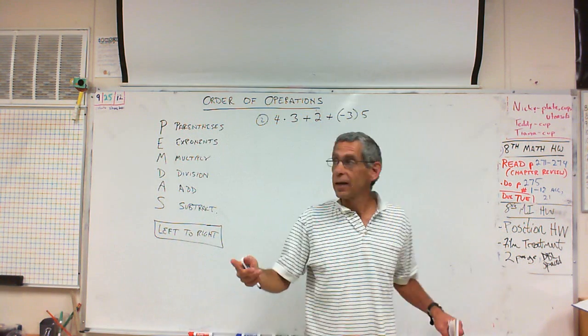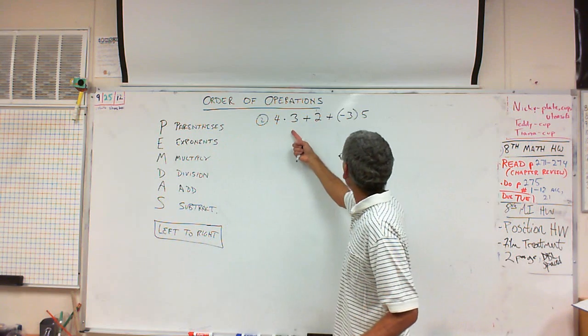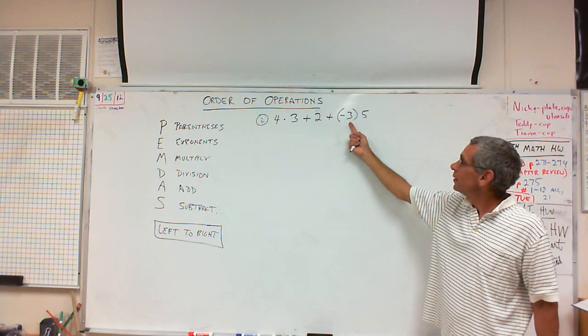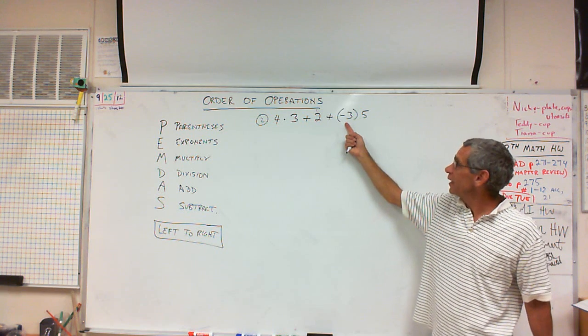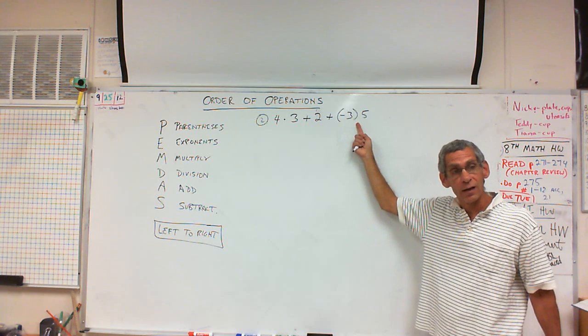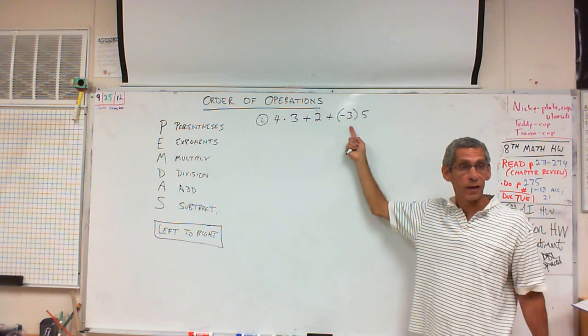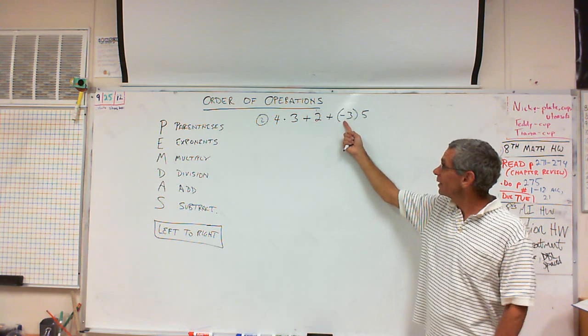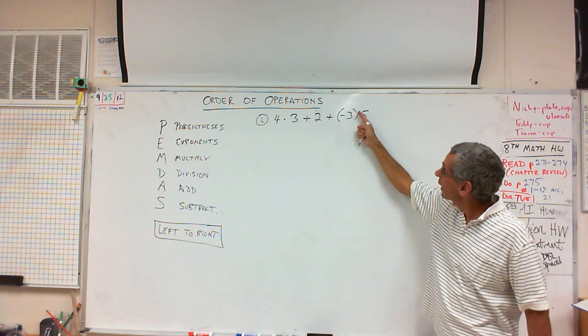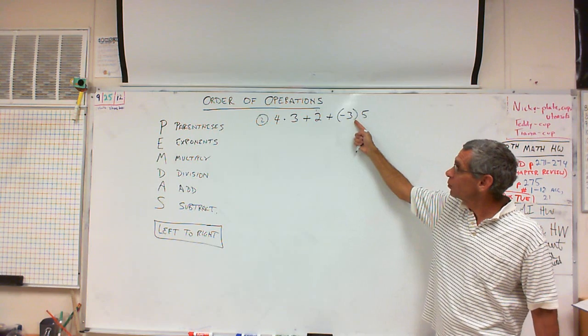I go back to my P, parentheses. Is there anything in a parenthesis? Yes. Now, can I simplify negative 3? No. If it said negative 3 plus 1 in the parentheses, then I could simplify that. But that's just a number inside parentheses. So really, that means negative 3. And then the parenthesis always means multiply.